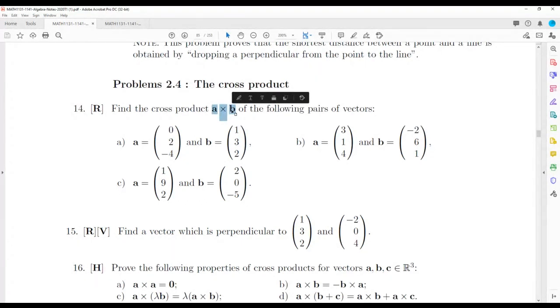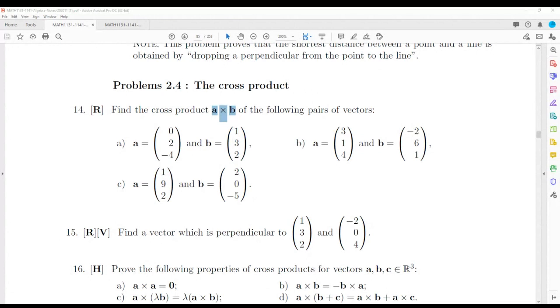And there's a definite procedure for calculating the cross product. But before we calculate the cross product, let's try to understand what it really means, okay? So here's a vector. Here's another vector. What is the cross product of A and B?